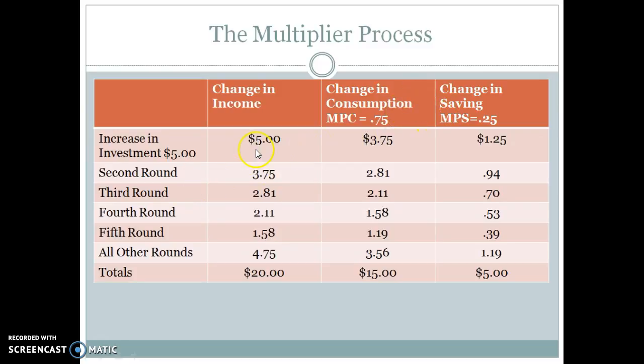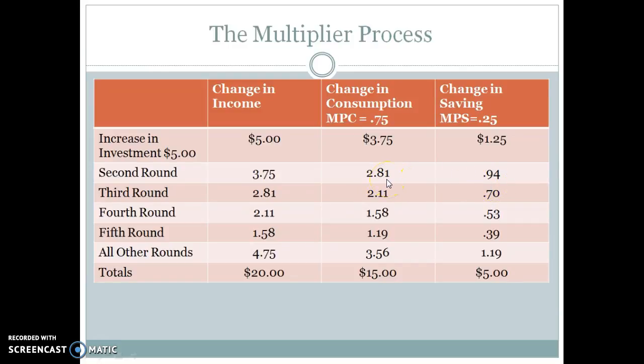All right, so when we get things started, we have our $5 in income, and the individual is going to basically consume $3.75, and they're going to save $1.25. Now notice that the MPC, the marginal propensity to consume, gets bumped down to the second round because there's some new individual that has access to this $3.75. But what are those individuals going to do in this economy? Well, they're going to consume 75% of it, and they're going to save 25% of it.